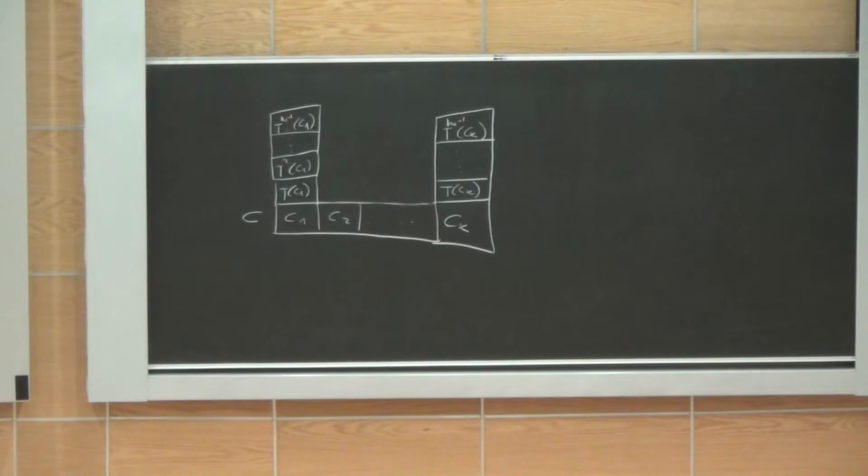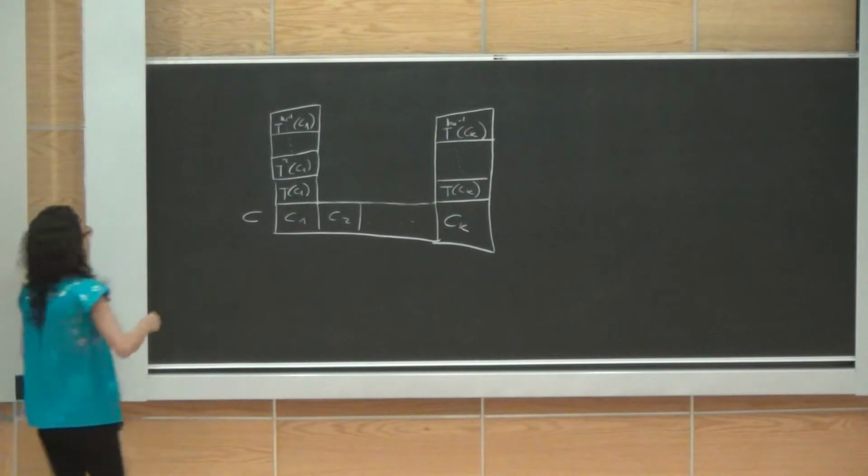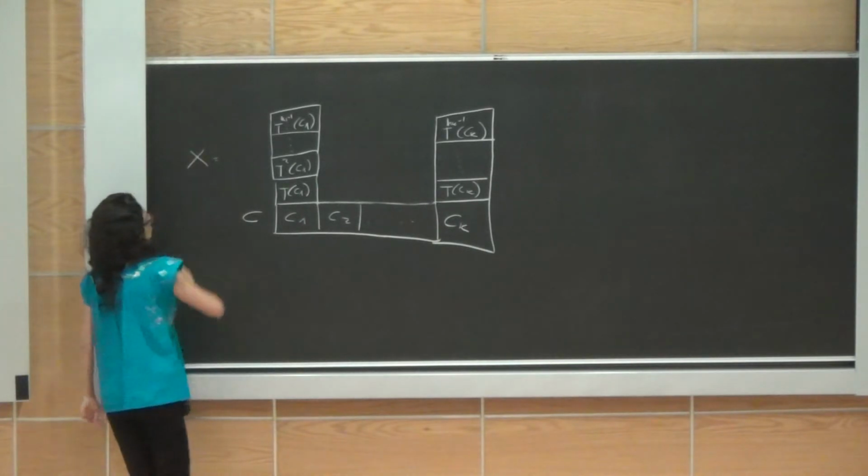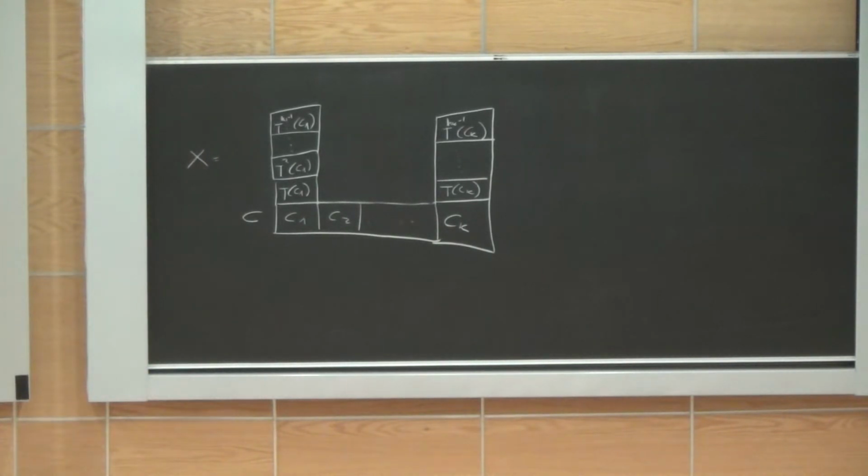So you have this picture. And this picture gives you a partition of X. Every point in X is somewhere there. This is a partition of X. Because the system is minimal, everything is here.